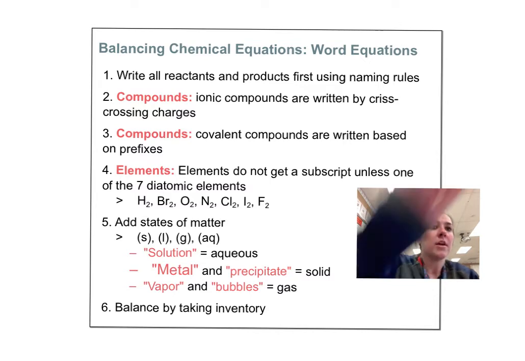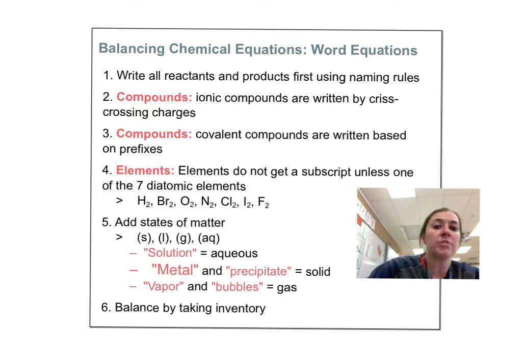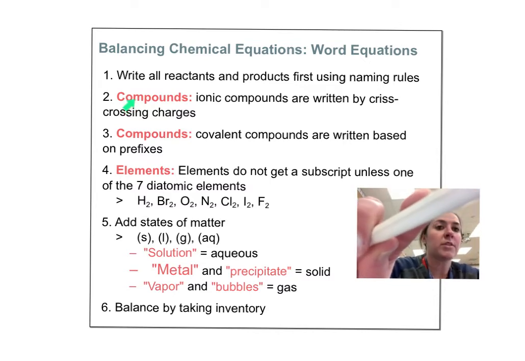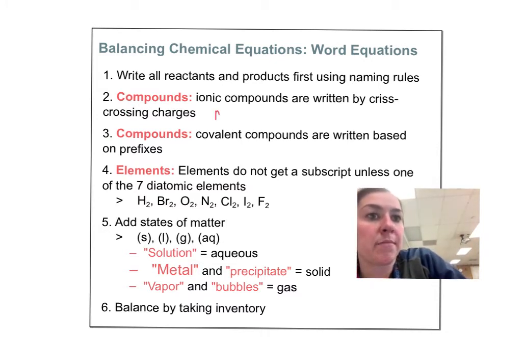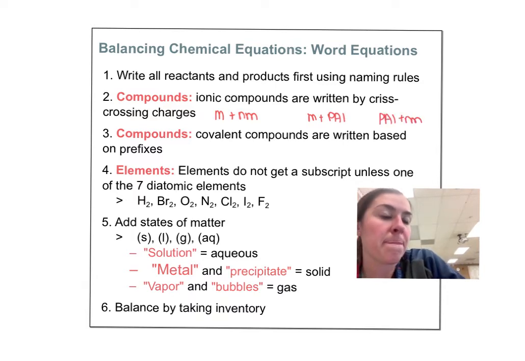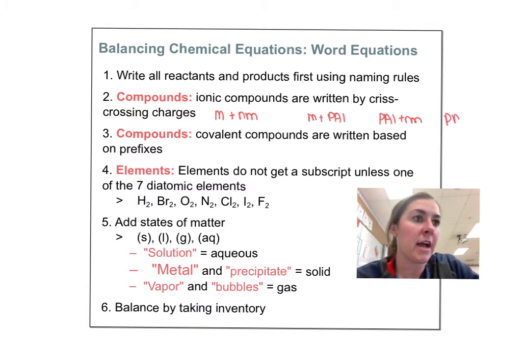Well, if the substance you're trying to write is a compound, it's going to either be ionic or covalent. If it is ionic, it's because it has a metal and a nonmetal, or a metal and a polyatomic ion, or a polyatomic ion and a nonmetal, or a polyatomic ion and a polyatomic ion.